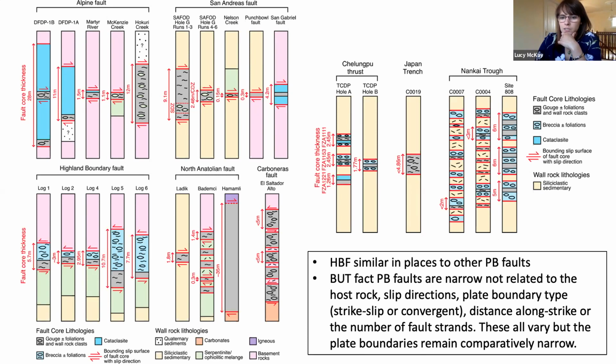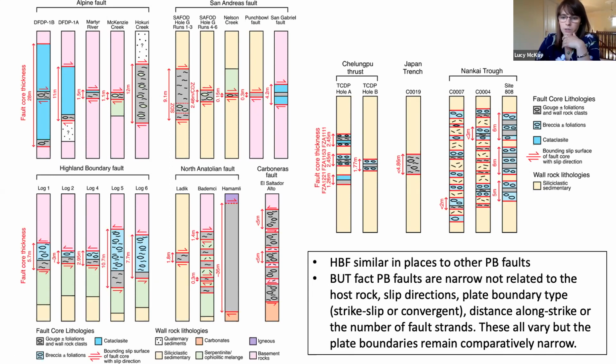But on comparison to all the available data from plate boundary faults, the fact that they all have narrow fault cores doesn't appear to be related to the host rock or the way the fault's moving, the fault type, whether it's a strike slip fault or a convergent plate boundary, or the number of fault core strands, the geometry of the fault.